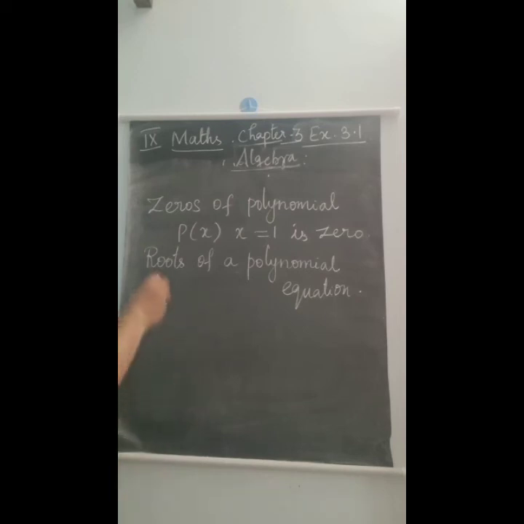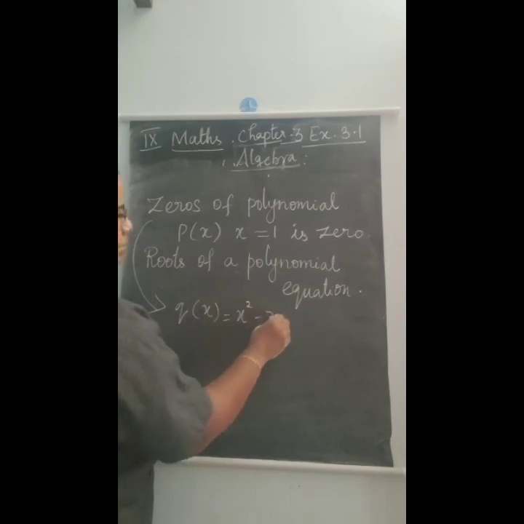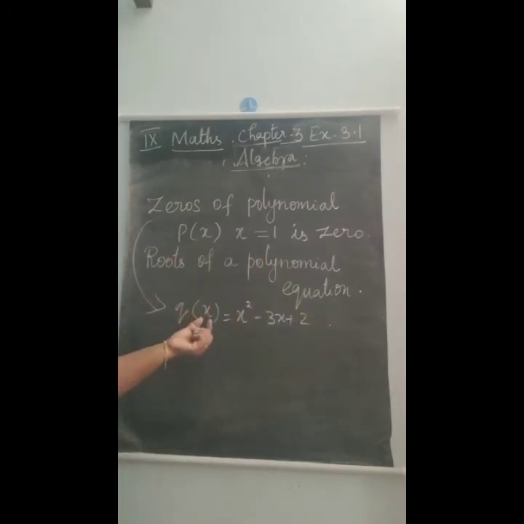For example, for zero of polynomial q of x equal to x squared minus 3x plus 2, this number should be substituted here, and we will get 0. That is the zero of the polynomial.